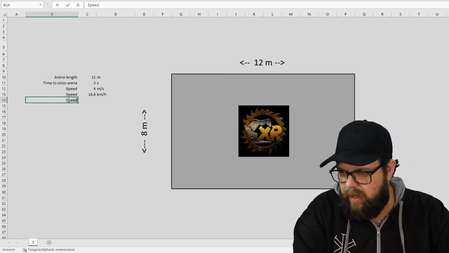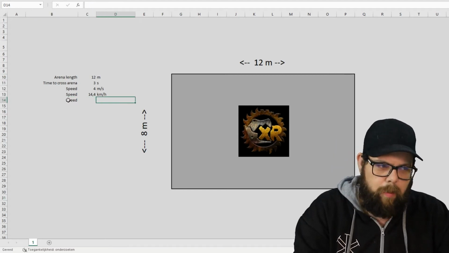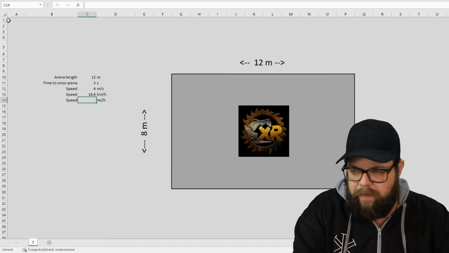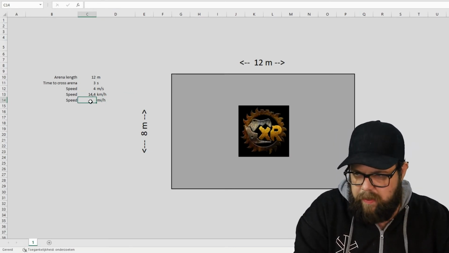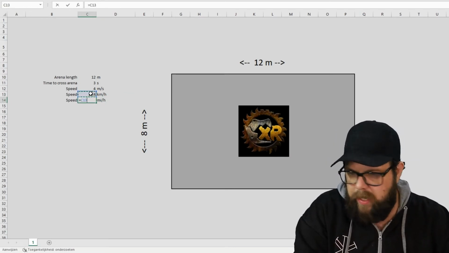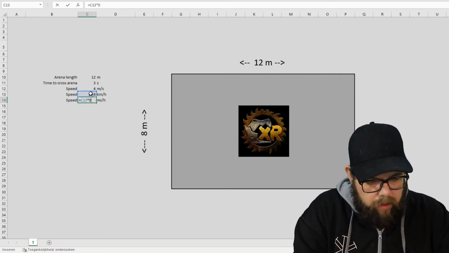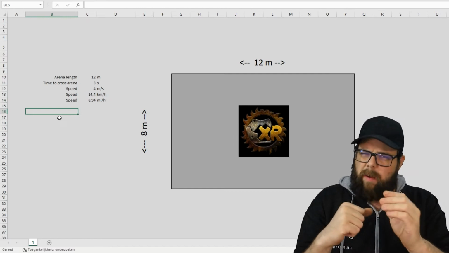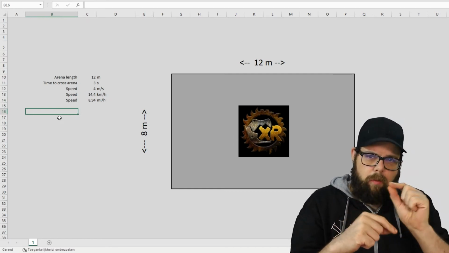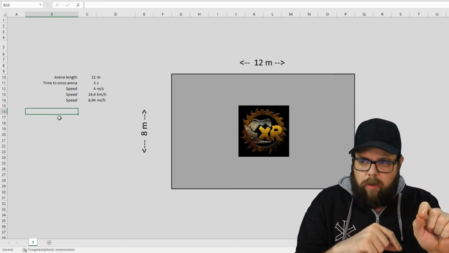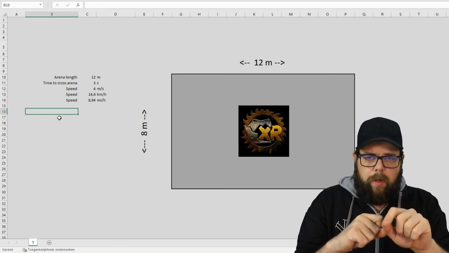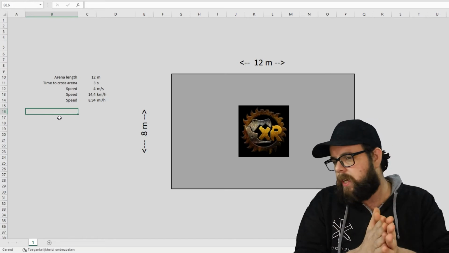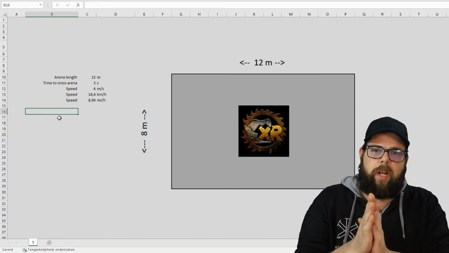Well, I understand miles per hour, so let's convert it to miles per hour. Roughly, multiply by 0.6. So now we know if a robot needs to go from one side of the arena to the other side, the top speed of the robot has to be 14.4 kilometers an hour or roughly 8.9 miles an hour.